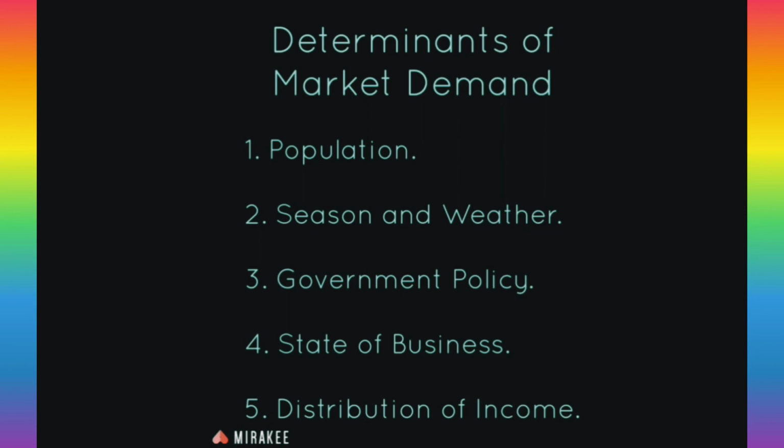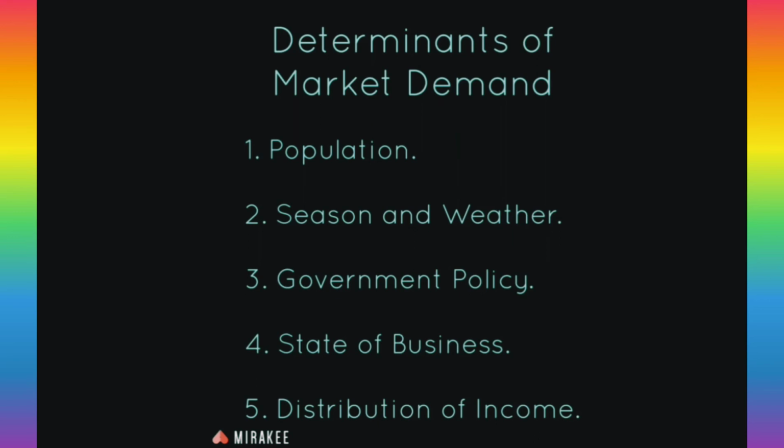Next is season and weather. The season and weather condition also have an effect on consumer demand. For example, demand for woolen goods goes up during winter, and fans, coolers, etc. are demanded more during summer.